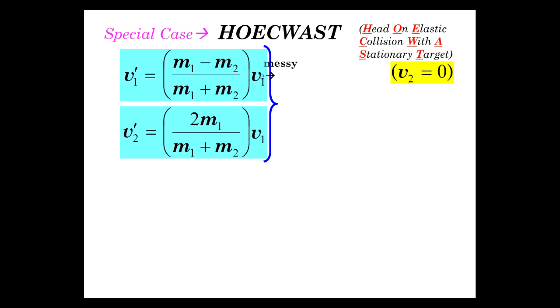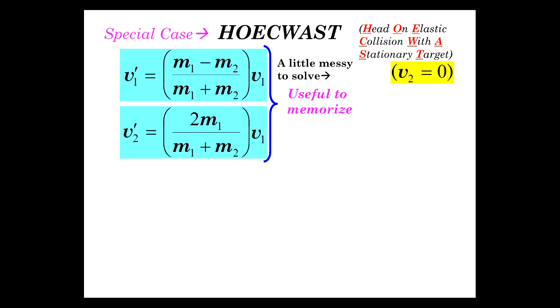Now notice they are both related to V1, which makes sense because there is no V2. Now these are a little messy to solve, but a whole lot easier to solve than the full elastic collision equations that did not have V2 equal to 0. And you might want to memorize these, but in any case, you don't necessarily have to.